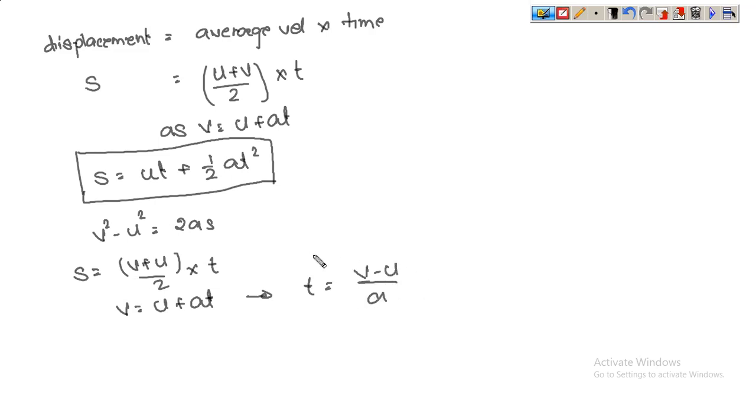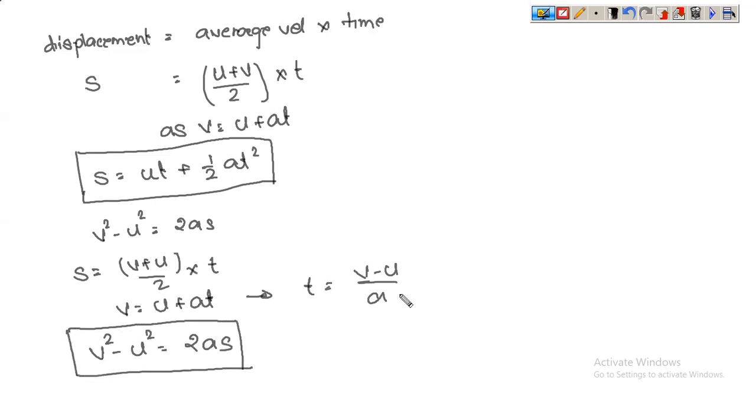If you put down the value of t in this equation, we have v square minus u square is equal to 2as.